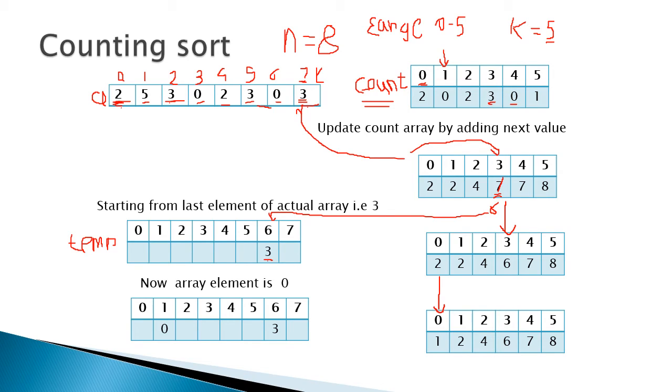Why do we decrement the updated value by 1? Because 7 is the actual value. On the 7th place 3 is present, but the array is starting from 0. That's why the actual position of 3 is 6, means here the 3 is present on the 6 index. That's why here we have to do a minus 1.